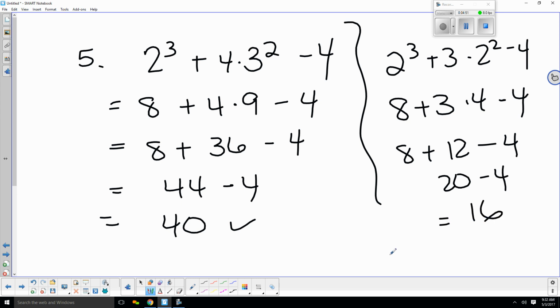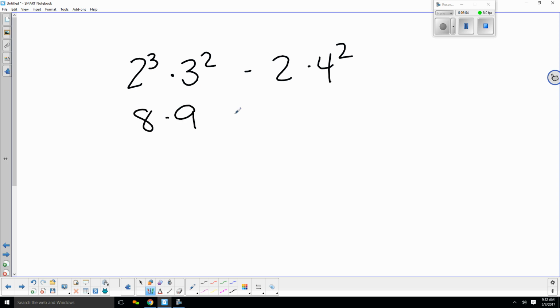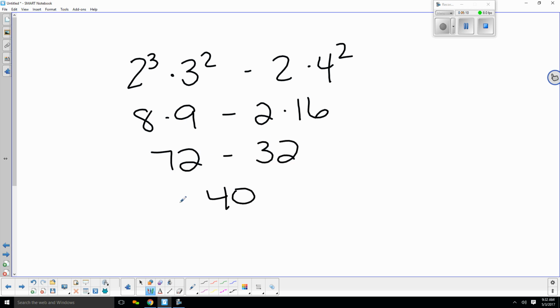That one gave me 16. So far, just the first one. Third equation gave me 40.